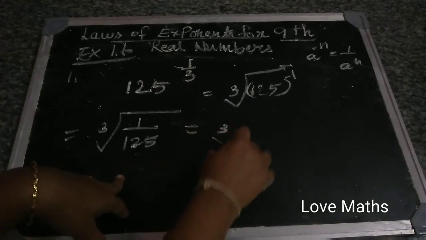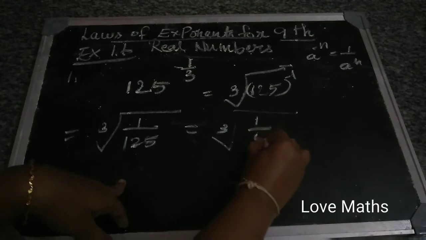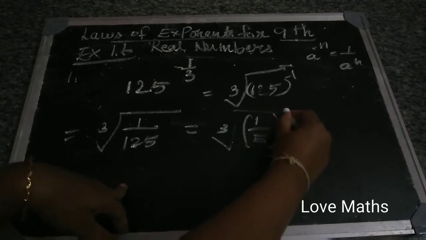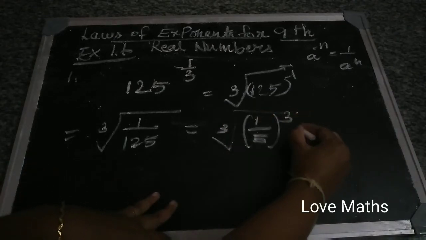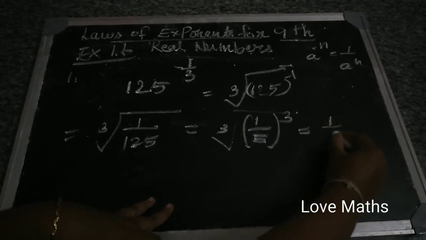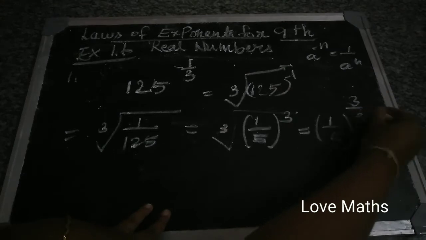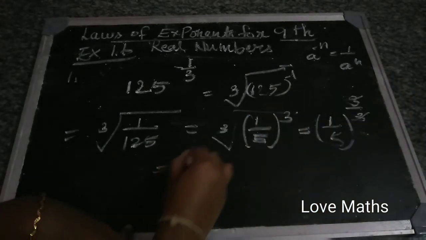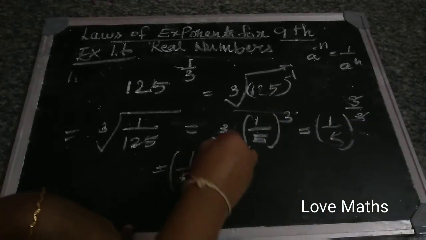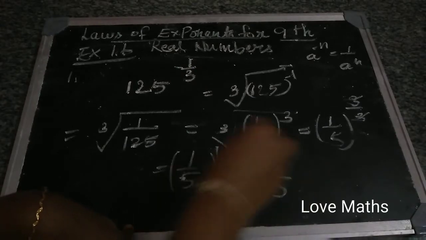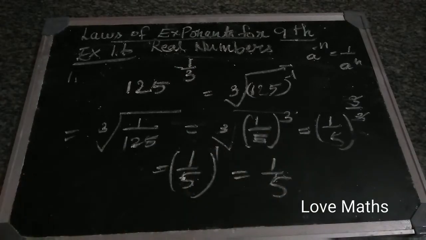How to write 1 by 125? The cube root of 1 by 5 whole cube. Next, apply the concept: 1 by 5 whole cube, this 3 comes as a division. 3 and 3 cancel. So 1 by 5 whole to the power 1. So 1 by 5 is the answer. Is it clear? Okay.